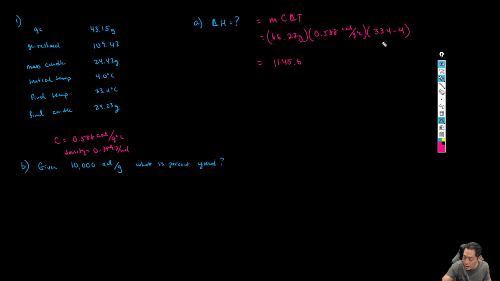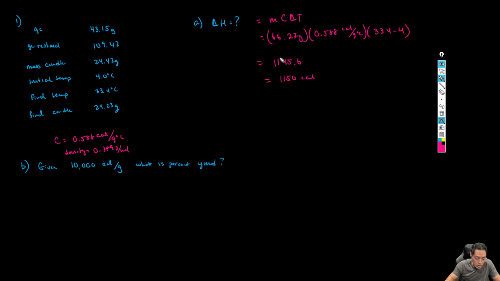I started off with 3 sig figs, so let's just change it to 3 sig figs. So this should be about 1150 calories. If we're using sig figs, it's 1150. If not, we have that kind of answer.